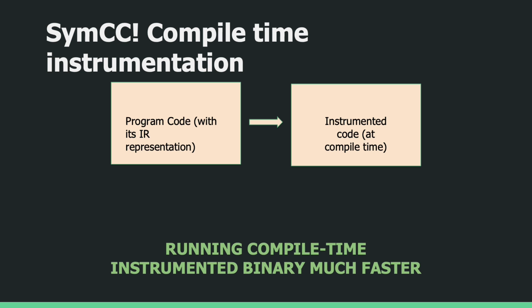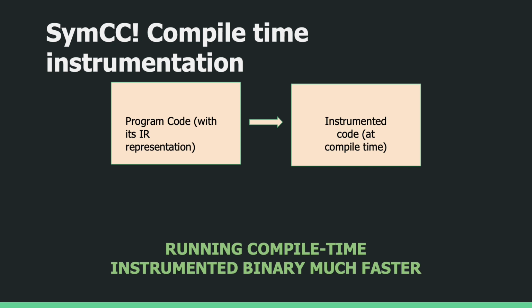So if we have the program code, that is the actual source code of the program, and we have its IR representation, IR is like a compiler-level language that any compiler uses to get you machine code. So if we have the IR-level representation of the program, then SymCC is basically a compiler which puts the entire symbolic execution mechanism inside your binary at compile time itself.